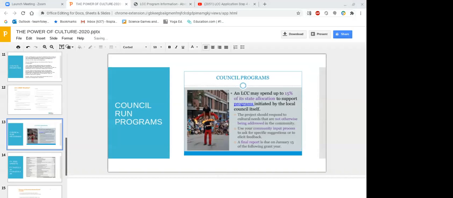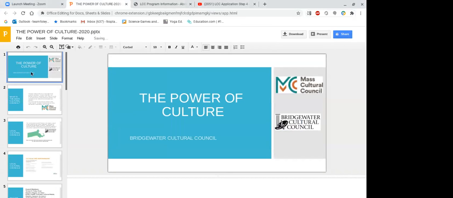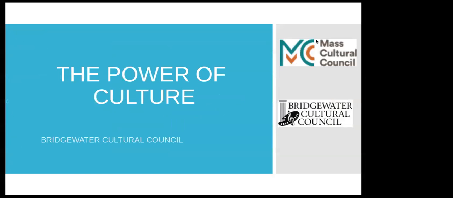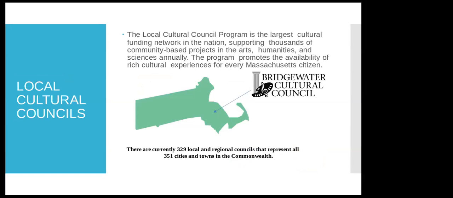All right, everyone. So let's start at the very beginning. This is a PowerPoint presentation that Steve Rogan made for the town council meeting or something. So let's take a look at it. We're going to go quickly because you guys already know all this. So the Mass Cultural Council is a state agency that funds enrichment programs, and each town has their own.